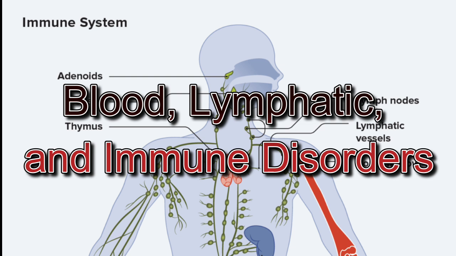Lymphedema. In lymphedema, fluid accumulates in the lymphatic vessels, resulting in the painless swelling of the limb. There are various possible causes, including obstruction of the lymphatic vessels by cancer cells or parasitic worms.